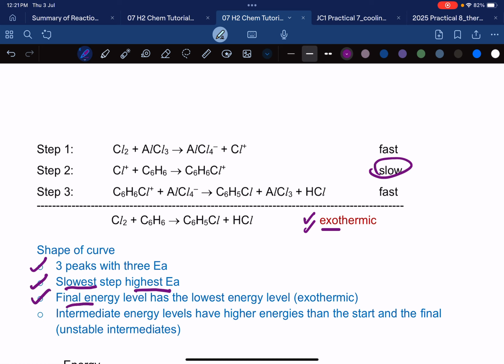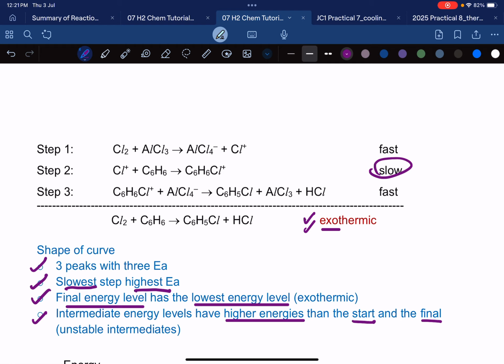Therefore, my final energy level in this particular example must have the lowest energy level. And for the intermediate energy levels, take note that after my step 1 and step 2, I do have intermediates present. Intermediates are unstable, and therefore we expect the intermediate energy level to be higher compared to the start and the final.